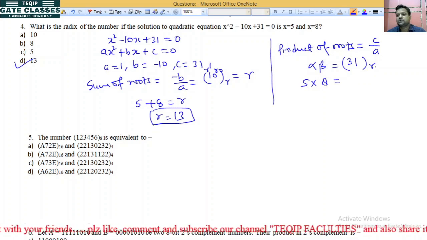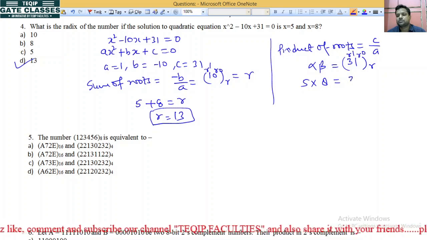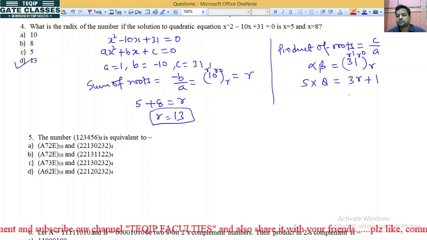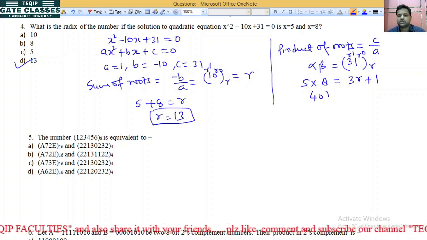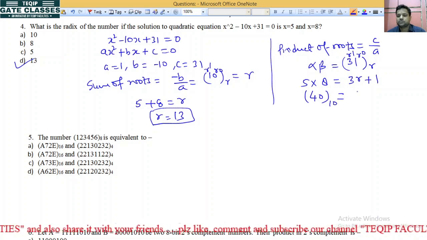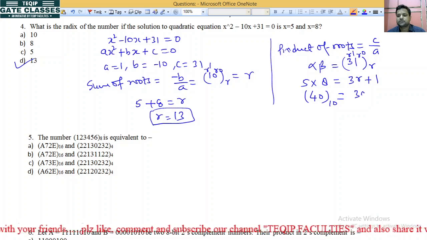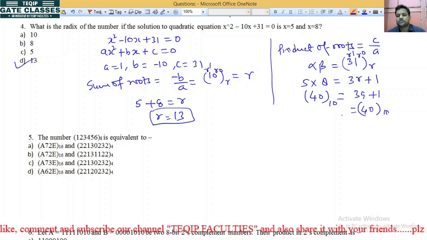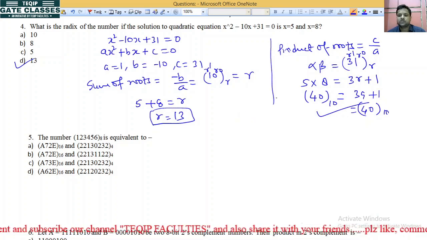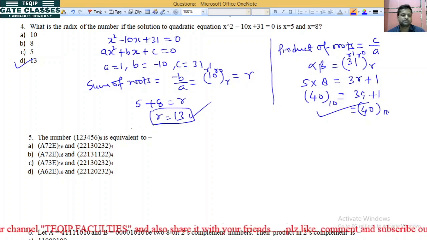I want to convert it to base 10, so it will be 3r plus 1 in base 10. Take r equal to 13: the product is 40 in base 10, and 13 into 3 is 39 plus 1, what will be the value? 40 in base 10. Okay. It is verified, the radix will be 13.